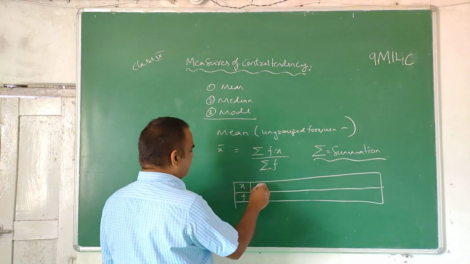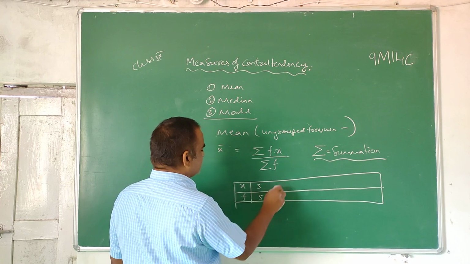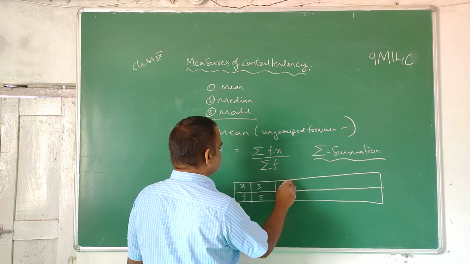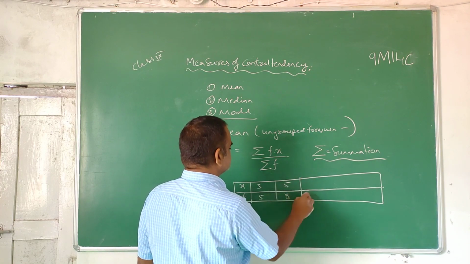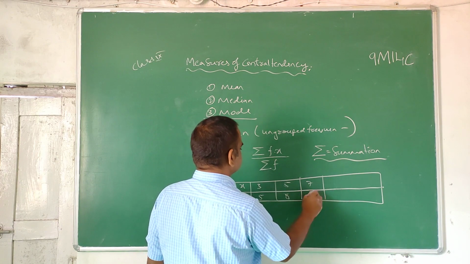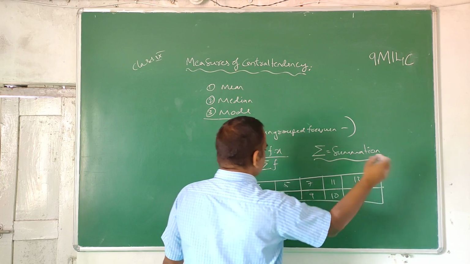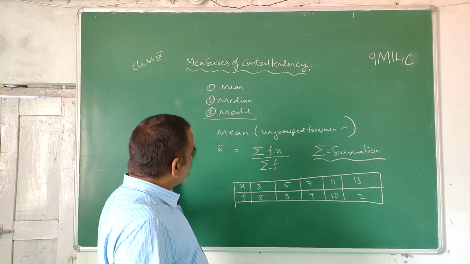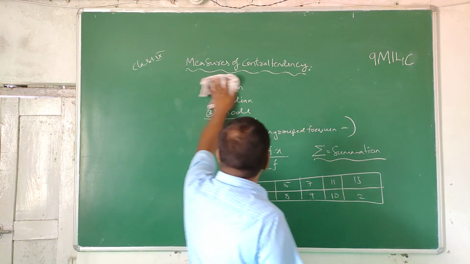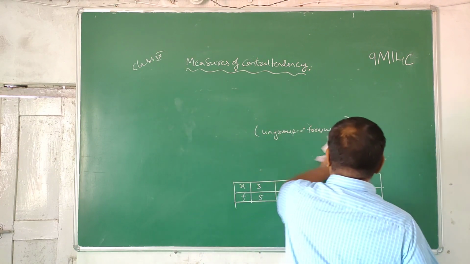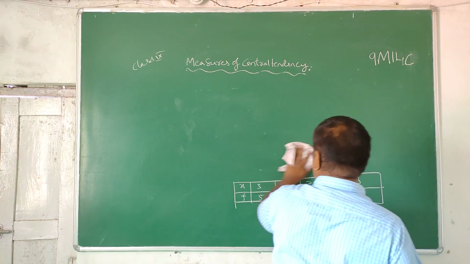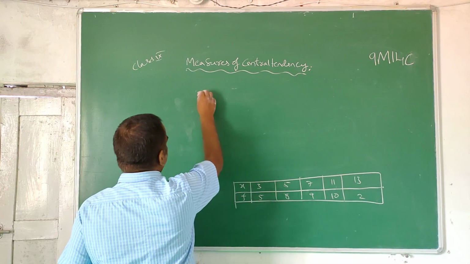See, here I am taking a small example. This is an ungrouped frequency distribution. Say for this you have to calculate the mean. For that, what do you have to take?